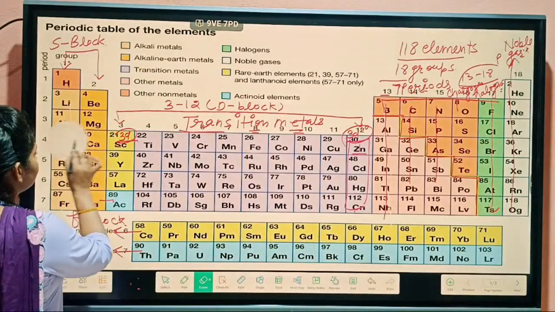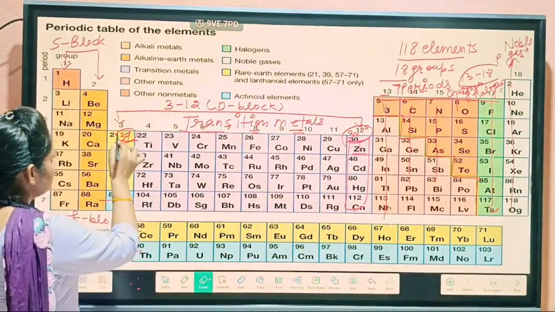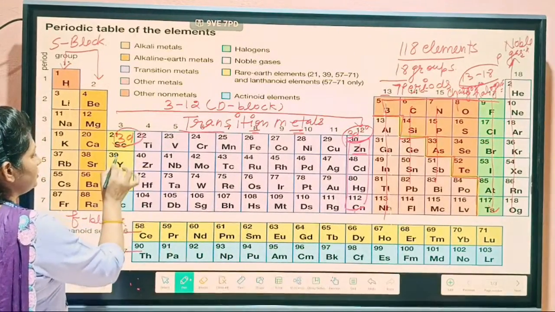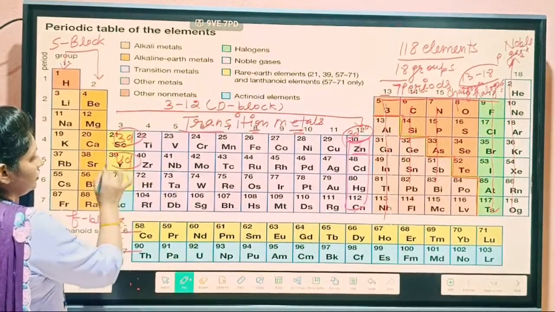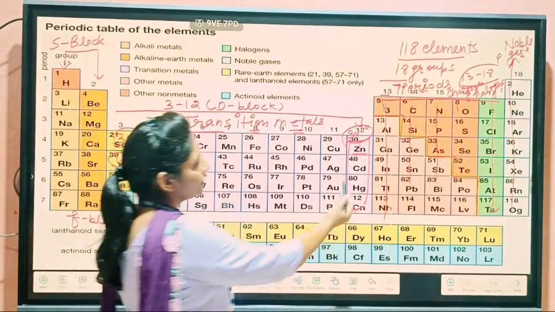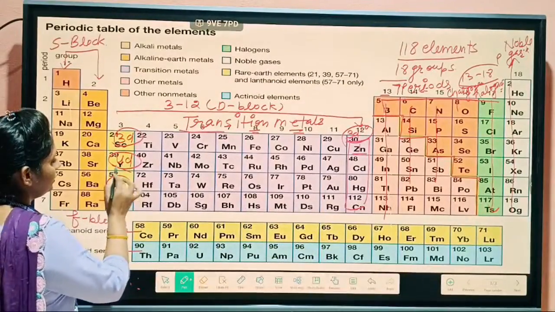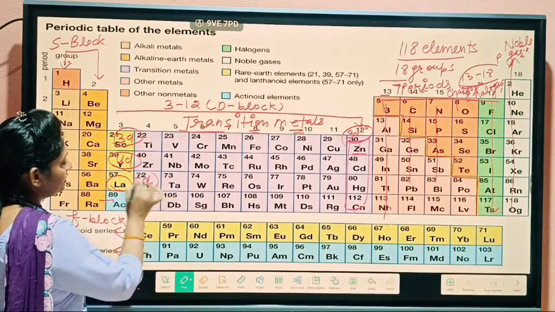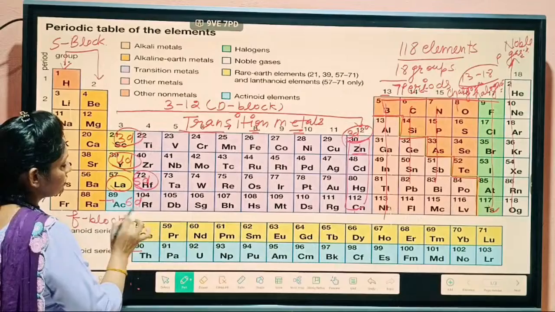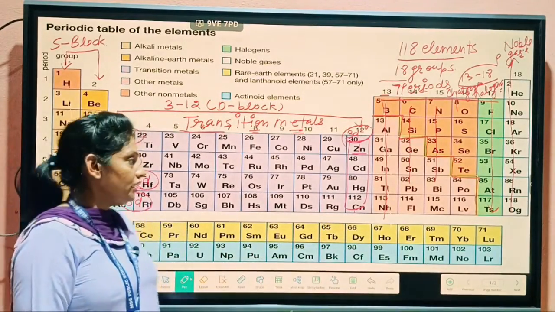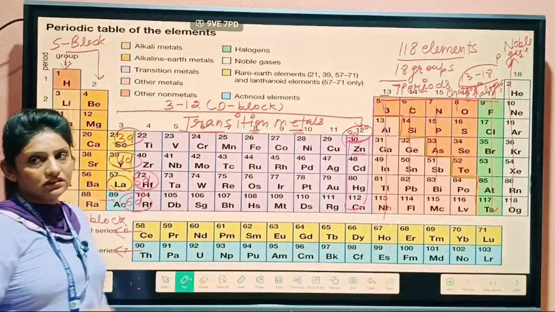Then students, this one is known as the 4d series, yttrium to cadmium. Clear? After that, this one is the 5d series and this one is the 6d series. So there are 4 transition series: 3d, 4d, 5d and 6d.